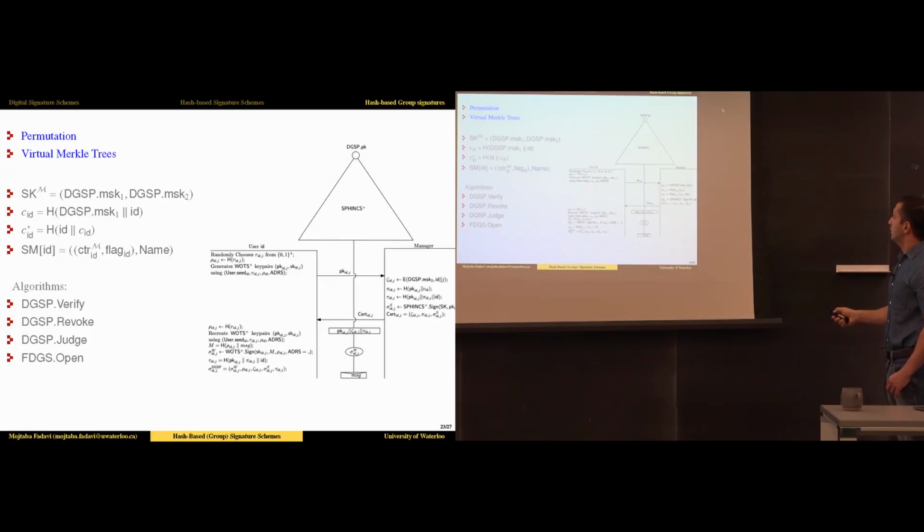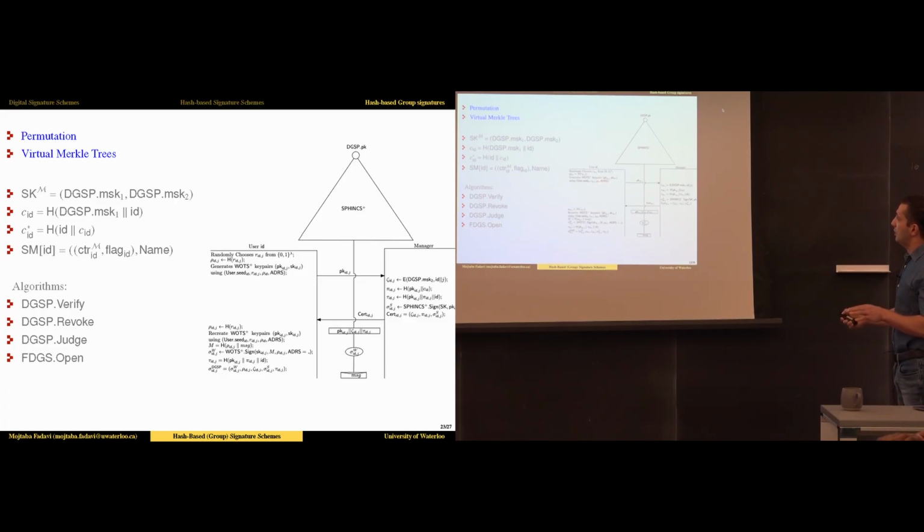To sign a message, I explained this figure, and after that I explained the algorithms. To sign a message, the user first randomly selects some lambda-bit strings, computes its hash value, and generates a WOTS+ key pair based on his username, user seed, which is secret and known only by the user, the computed value rho, the secret value R, and the address.